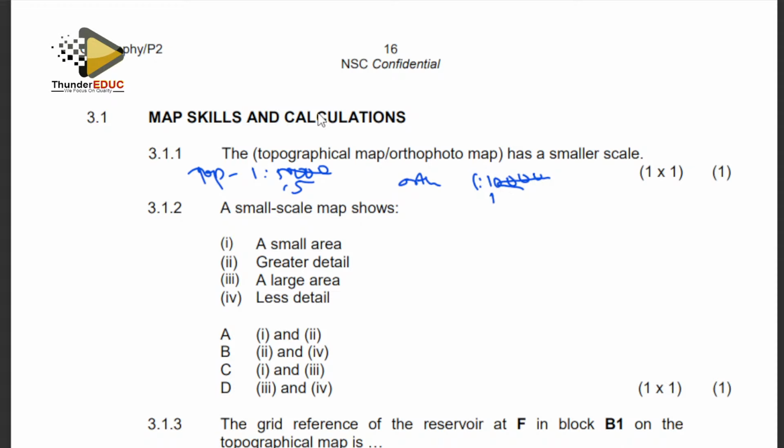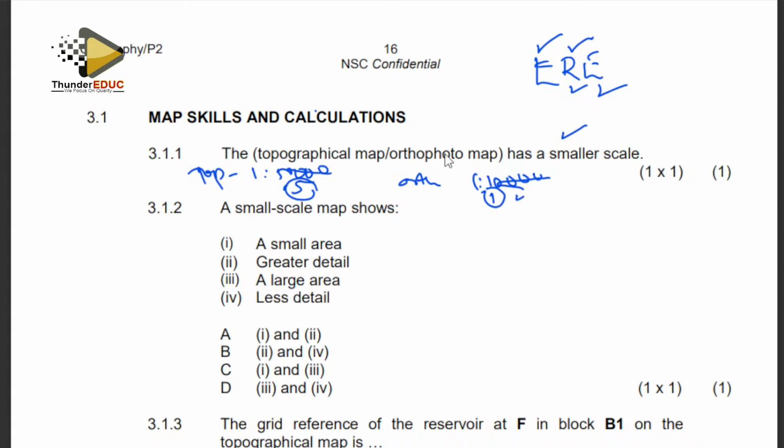So the topographic map with 5 is smaller. The orthophoto map with 1 is bigger. Please understand that. If you're going to forget, remember this: ERE. Enlarged map, scale reduces. Reduced map, scale enlarges.